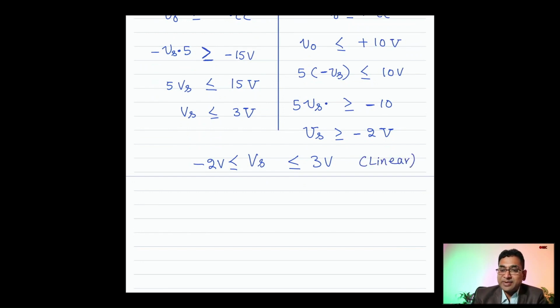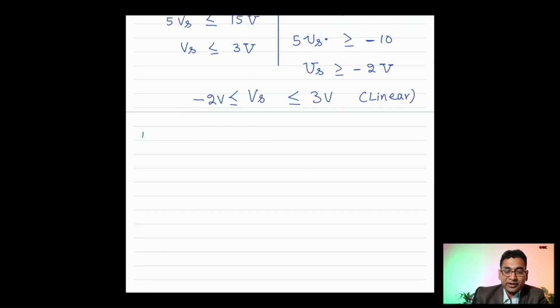Let's pick an aside to this problem. We are going to go on a little expedition to see what happens if Vs is greater than 3 volts. Let's say I want to pick a value of Vs equals to 4 volts.